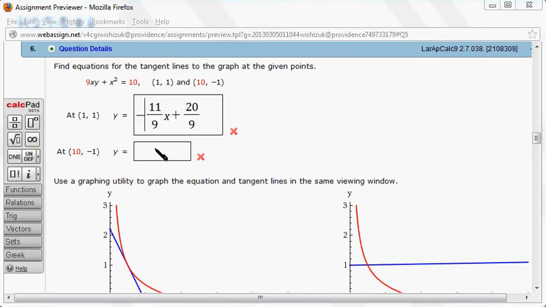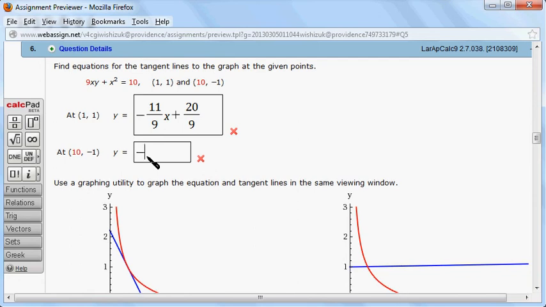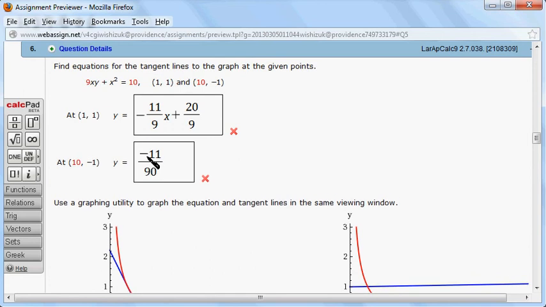So the second equation was negative 11 over 90 x plus 2 over 9. Again, I'm going to put this negative sign in front. So that's the equation. Let's try to graph it using GeoGebra. Let's open up GeoGebra.